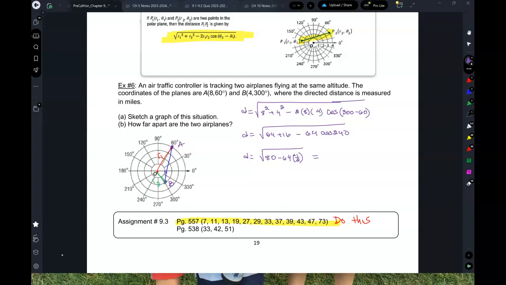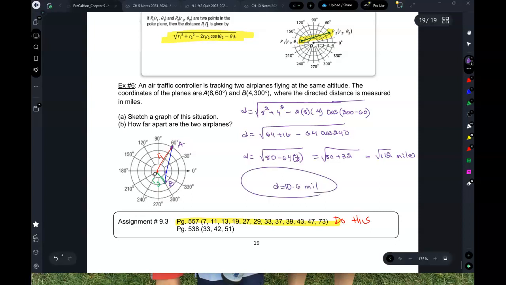Cosine of 240 is negative a half. So this is 80 plus 32, which is 112, square root of 112 miles. The test is going to be calculator okay, so it'll be 10.6 miles. Okay, so really, that's all you have to know, just that formula.